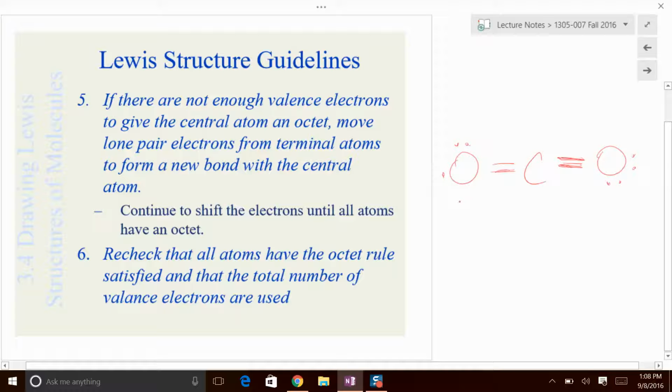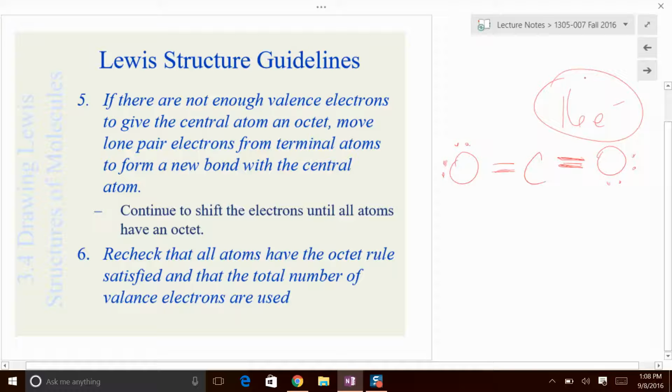How many electrons are on my structure now? 16. So I have 16 electrons. That's what I want, right? So I look at this and I say, okay, I have 16 electrons on my structure.